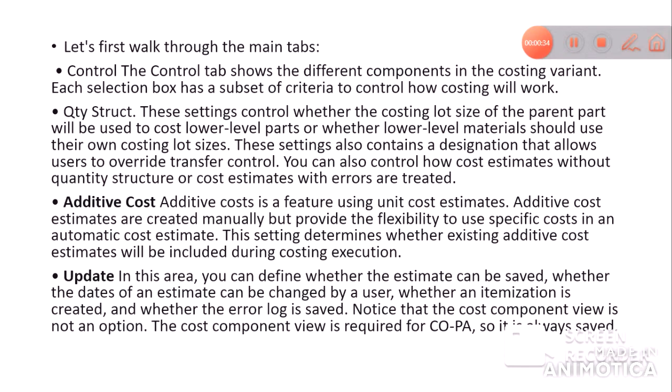These settings also contain a designation that allows users to override transfer control. You can also control how cost estimates without quantity structure or cost estimates with errors are treated.